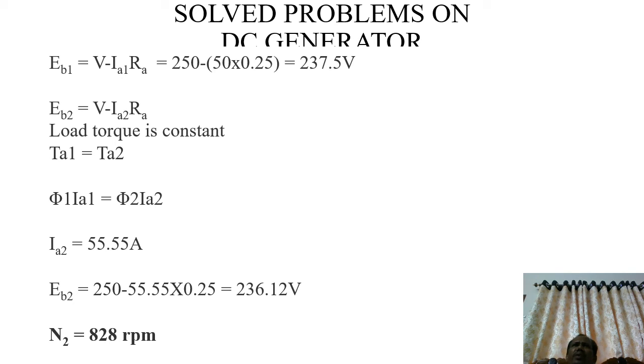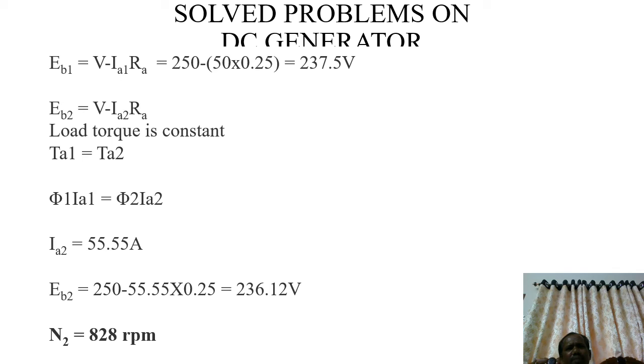EB is equal to V minus IA RA. Voltage is constant, but armature current changes: IA1 RA, and armature resistance is also the same. EB2 is equal to V minus IA2 RA, because our torque is constant in this condition. TA1 is equal to TA2.